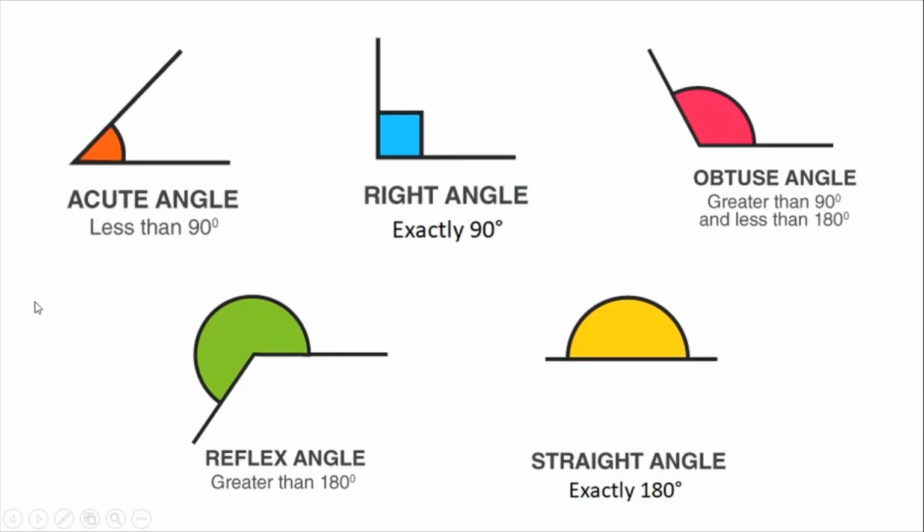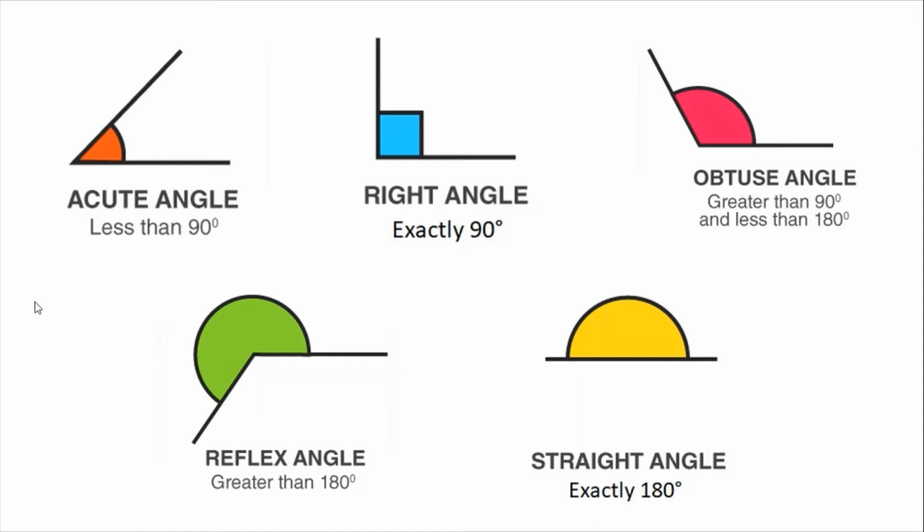So we have an acute angle, less than 90 degrees. A right angle, exactly 90 degrees as a corner. An obtuse angle, which is greater than 90 degrees, but less than 180.